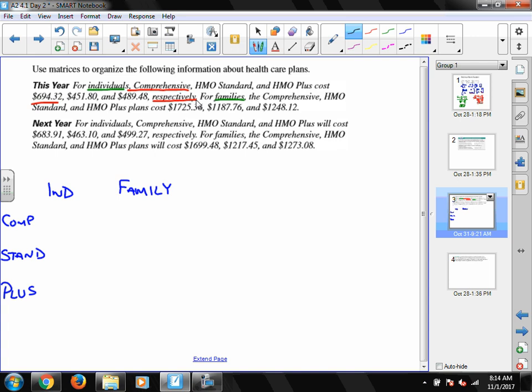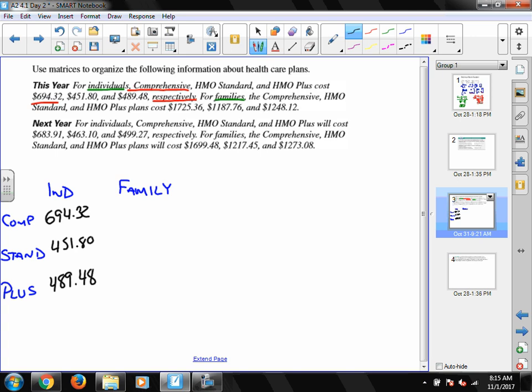So the individual comprehensive is $694.32. Get that right from the problem there. Standard is $451.80, and the plus is going to be $489.48.